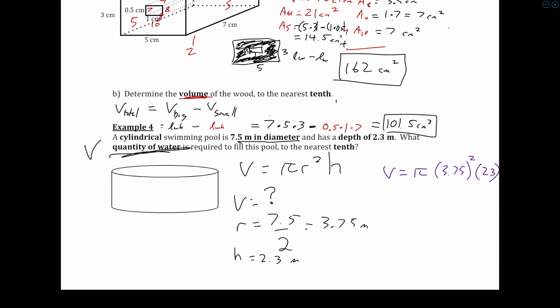It's pi times just 3.75 squared times 2.3. So volume equals 101 point, okay, nearest tenth, 610, blah, blah, blah. Okay, so I'll call it 0.6. And that is in meters cubed. 101.6 meters cubed.